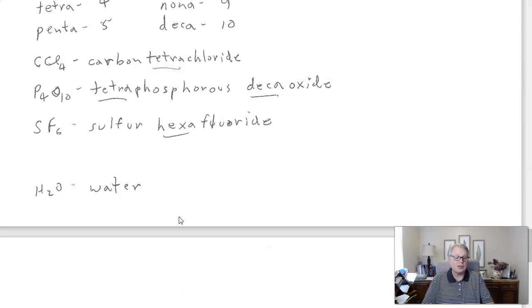Do I expect you to know walking in the room that N2H4 is hydrazine? No, I don't expect you to know that. If you call that dinitrogen octahydride, would I count it wrong? I wouldn't count it wrong, although technically I guess it's hydrazine. If you called it dinitrogen tetrahydroxide, would I count it wrong?